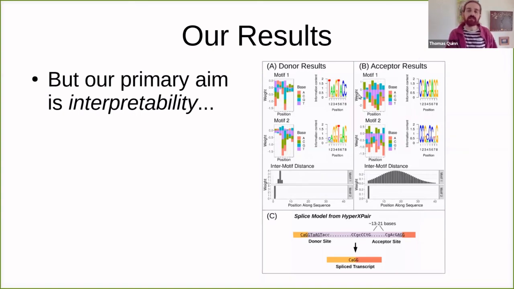We can take the data that we get from this model, having no prior knowledge, and generate a conceptual model of how splicing occurs, where we've got this idea of a donor site, this idea of an acceptor site, and some pairing or interaction occurring when these two motifs are about 13 to 21 bases apart. And this, as a conceptual model, can be something that we can validate through experiments or through referencing the literature.